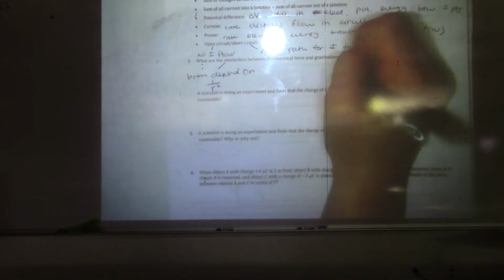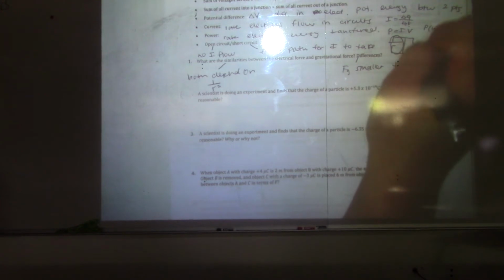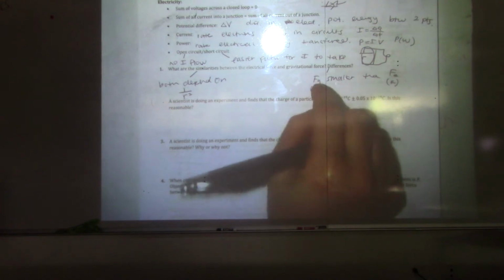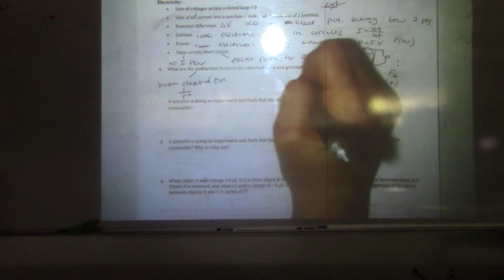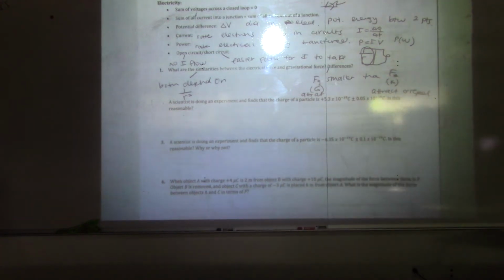The difference is that Fg is smaller on average than Fe, because G, the constant, is much smaller than the constant K. It's like 10 to the negative 11 and 10 to the 9. So much bigger, much smaller. The other difference is that gravity is only attract, whereas the electrostatic force could be attract or repel, depending on if they're opposites or alike charges.